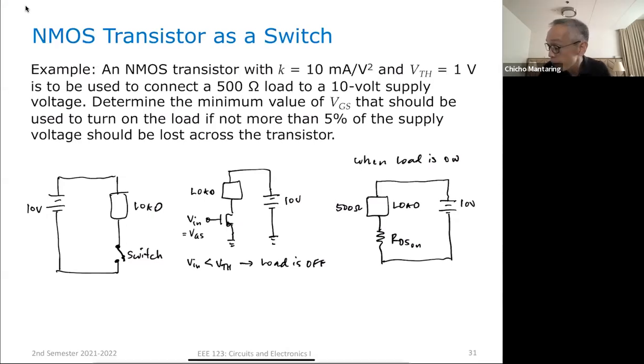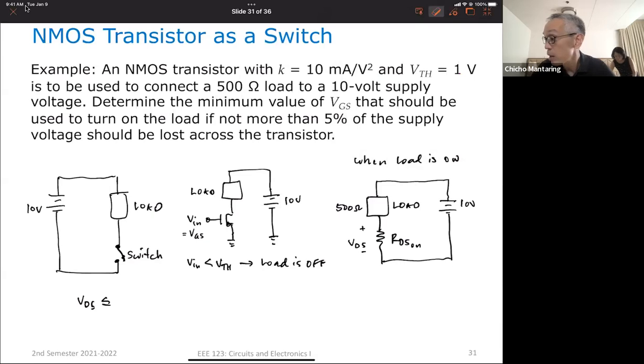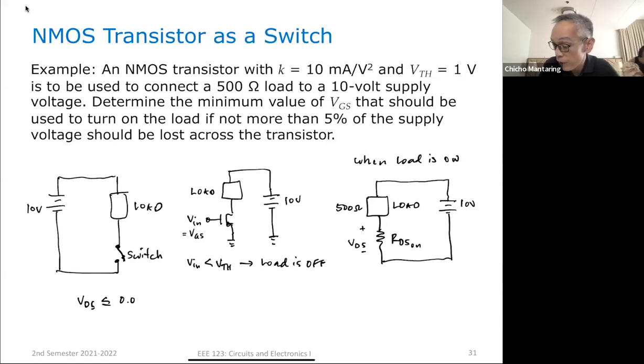Okay, and I want to make sure that this voltage, which is actually VDS, is less than or equal to 5%. 0.05 times 10 volts, which is equal to 0.5 volts.